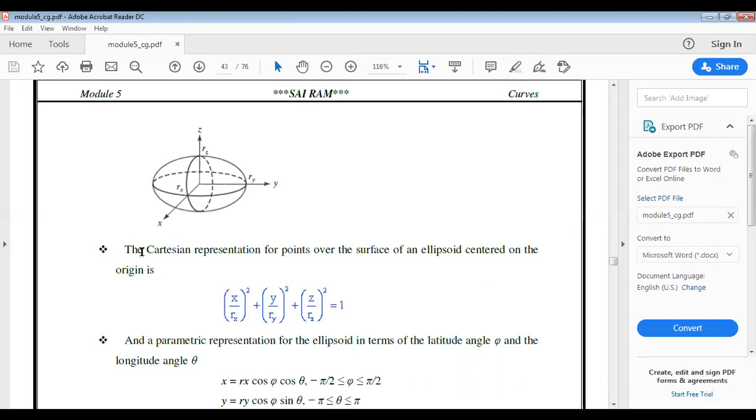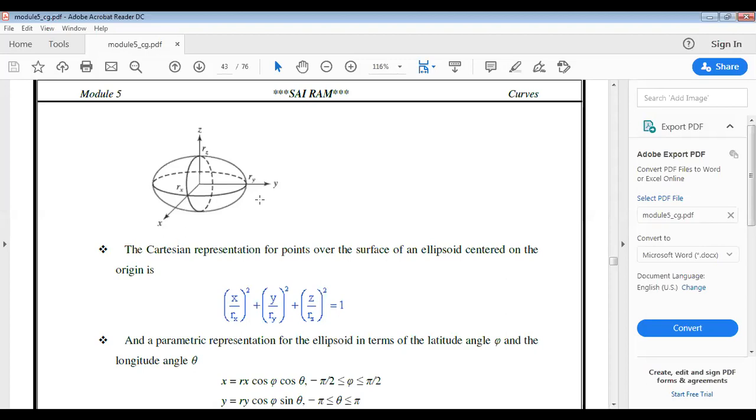Now, how do the ellipse and sphere differ? We shall see it here. Whenever I say sphere, a sphere is nothing but x square plus y square plus z square is equal to r square.